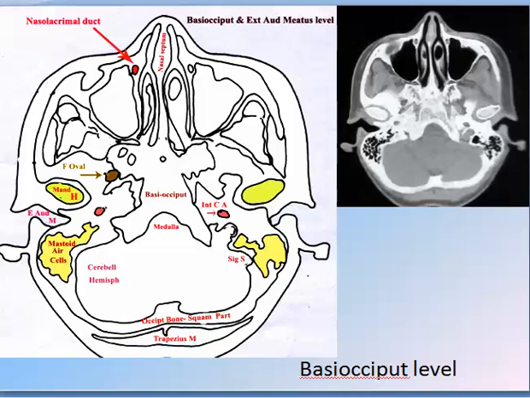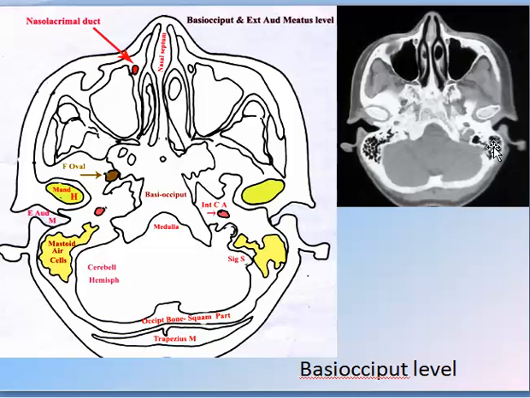Going a little bit up, we will find the small nasolacrimal duct, this one and that one. Nasolacrimal duct. We have the nasal septum. We have the mandibular head. This is the basi-occiput. This is the region of the medulla. Cerebellar hemispheres. Region of sigmoid sinus.